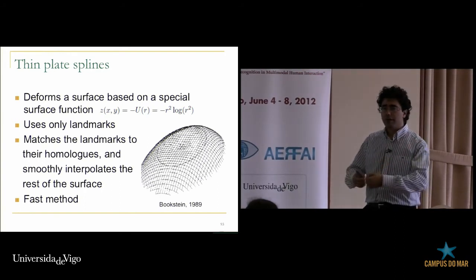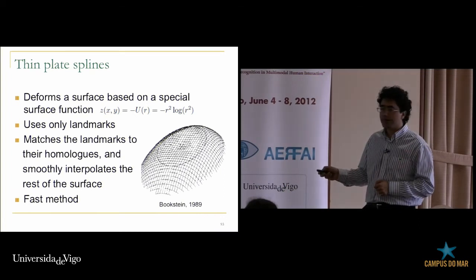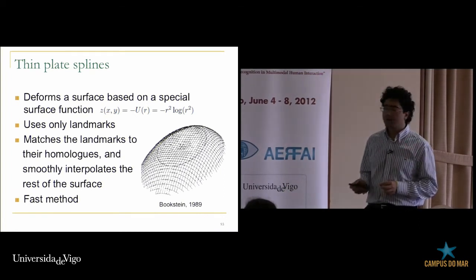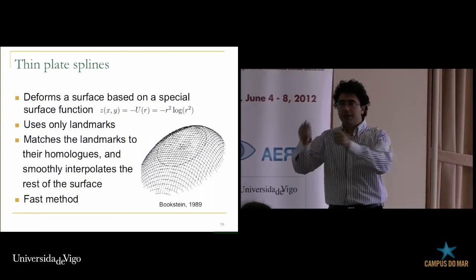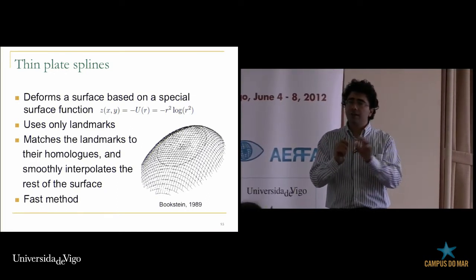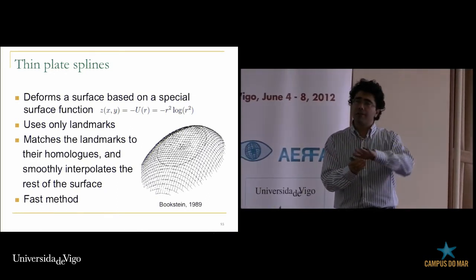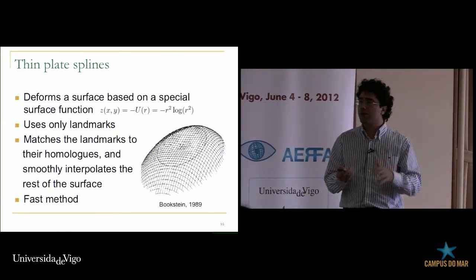You know, if you have a thin metal plate and if you make a dent in it, that kind of looks like this. And this is the idea in thin plate splines. Like you have a metal plate where you're nailing it to some other shape, and the points where you nail it are exactly matched, but everything else is interpolated because the thin plate kind of bends according to the surface deformation.